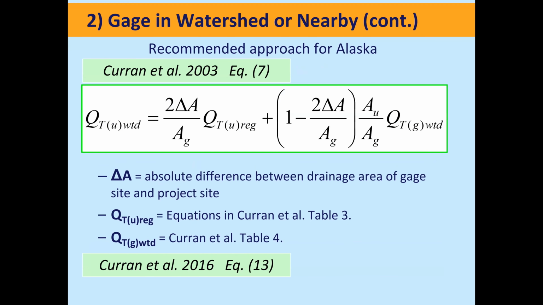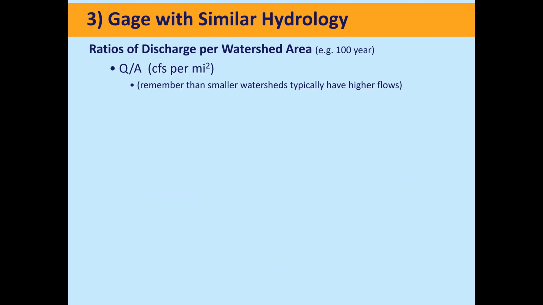And this is what those equations look like for combining both the regression equation for your ungauged part of your watershed and the gauge part of the watershed. And I'll talk some more about the regression equation a little bit later on, but I think I'll just move on from here. I don't have to get too technical this morning on equations.